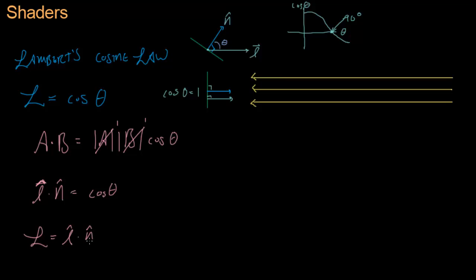Because cosine is a transcendental function, we don't even want to calculate cosine. That's an expensive function to calculate. We want to avoid it if we can. And we can. It's really easy to avoid it. We just use the dot product instead, which is just a few multiplications and additions. And then bam, we're done.